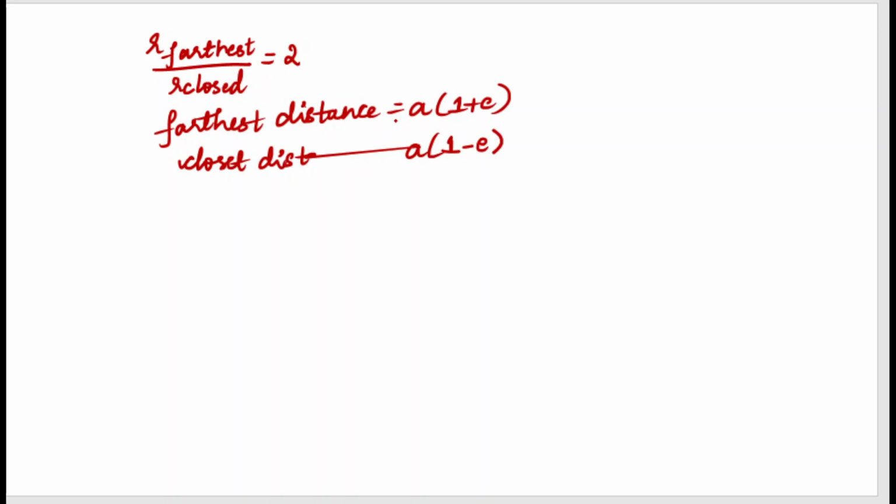Now on dividing, I'll get the ratio: a into 1 plus e divided by a into 1 minus e. Now a gets cancelled, right?